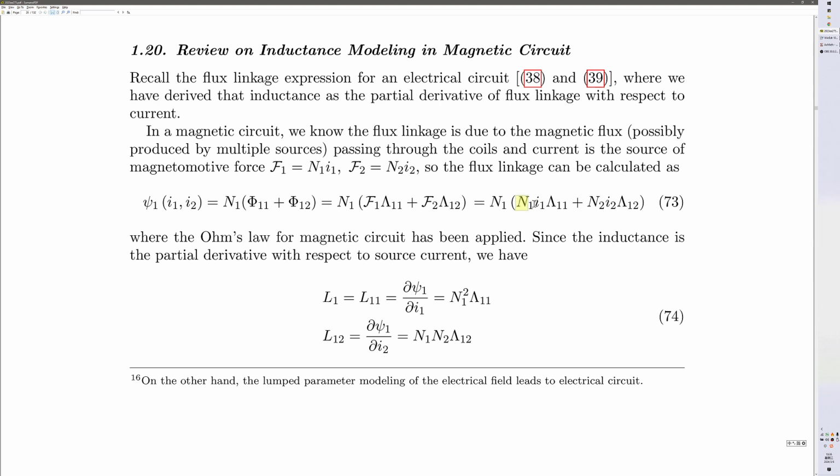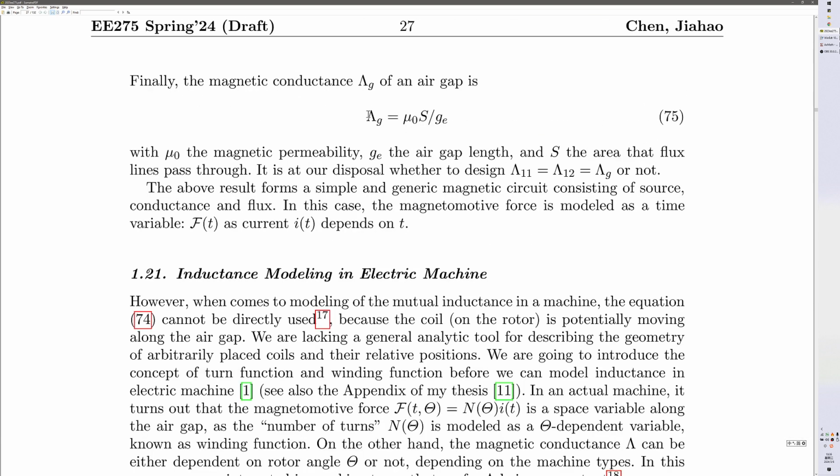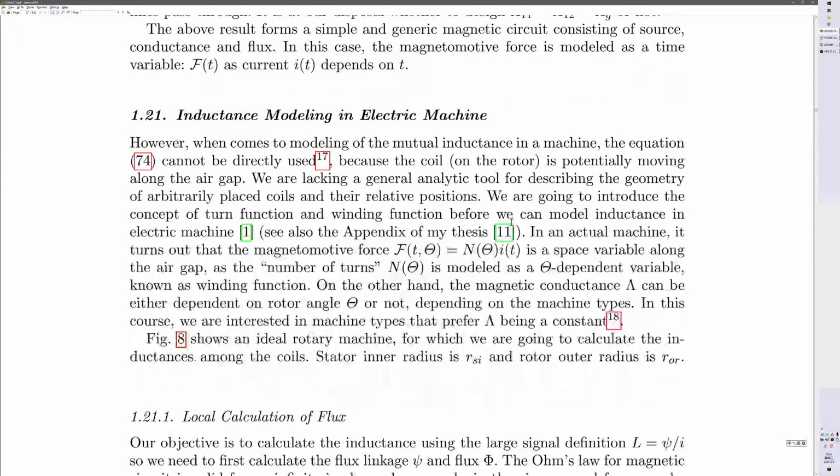We are going to model this function, the turns number as a function of the angular location along the air gap. And we can define the magnetic conductance of the air gap. We are going to skip that.